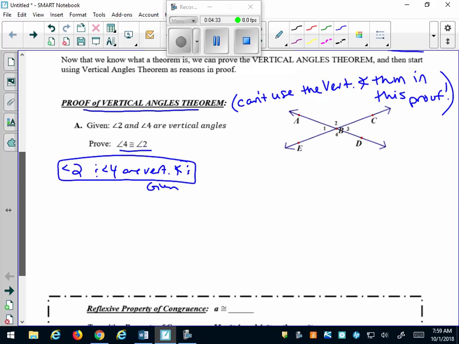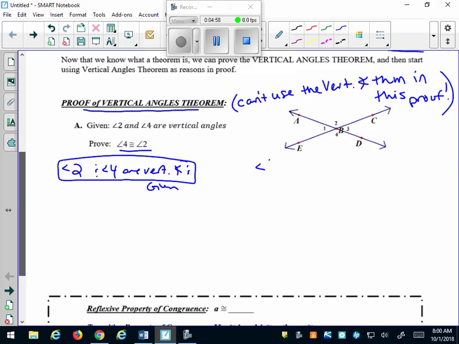So we look at this diagram and we have to come up with a different relationship to use. We can't use the vertical angle relationship because we have to assume we don't know that theorem's true yet, that they're congruent. So when we look at this intersection of two lines, we've learned that there are other relationships in here, specifically linear pairs, right?